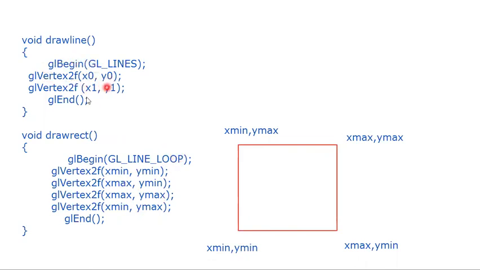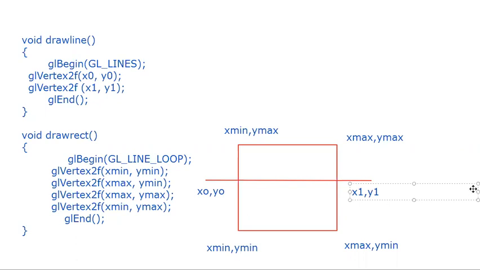Now let's see what this line is. Let's consider one line; I'm drawing a line to this rectangle. This point is x0, y0, and here it is x1, y1.